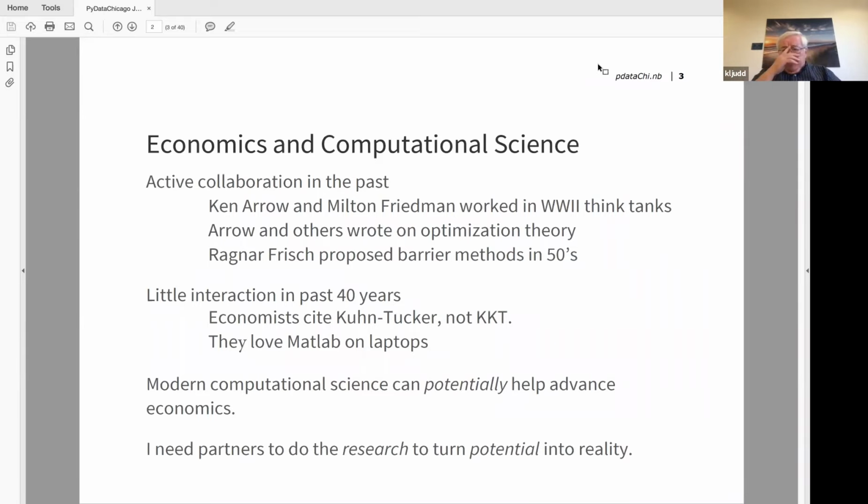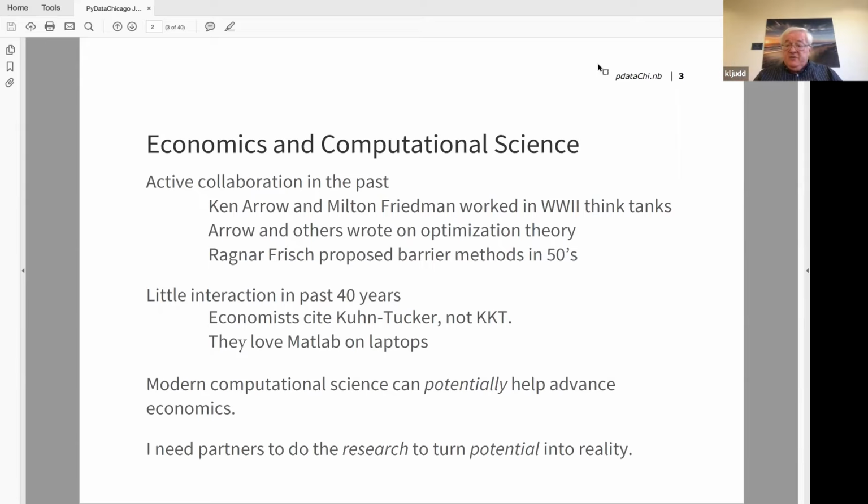Now, some of this may sound strange to you, particularly the older people in the audience. There used to be a lot of collaboration between economics and computational scientists, applied mathematicians. For example, Ken Arrow and Milton Friedman both worked in World War II think tanks, where they worked on what we now would call operations research problems, but which involved computation and which led to breakthroughs in statistics.